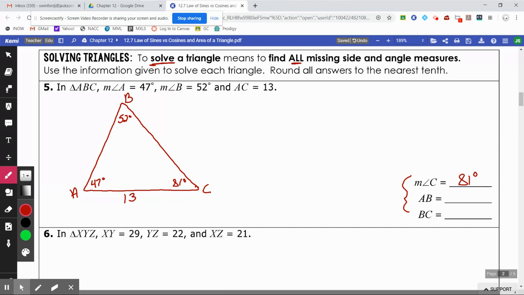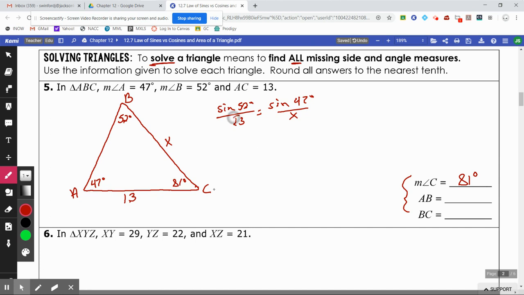Obviously, this is going to be a law of sines because you have an angle that's across from a side. So the sine of 52 over 13 is equal to, it doesn't matter which you find first, we'll find this one, the sine of 47 over x. Again, I'm not going to go through all the steps of solving this.